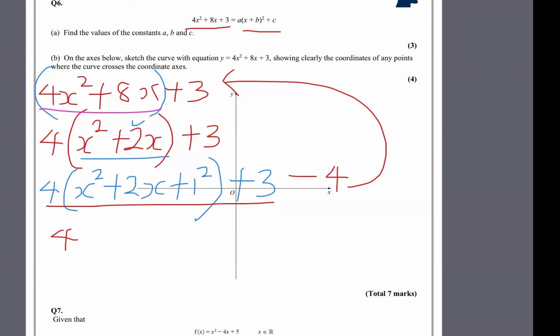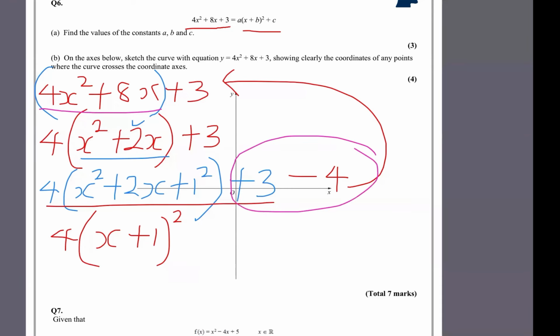So if we have this, and we can have 4, because we have added the half of 2, which is 1. If we factorize what we have in the blue bracket, we should be having x plus 1 all squared. Then over here, the plus 3 minus 4 should be giving us a minus 1.